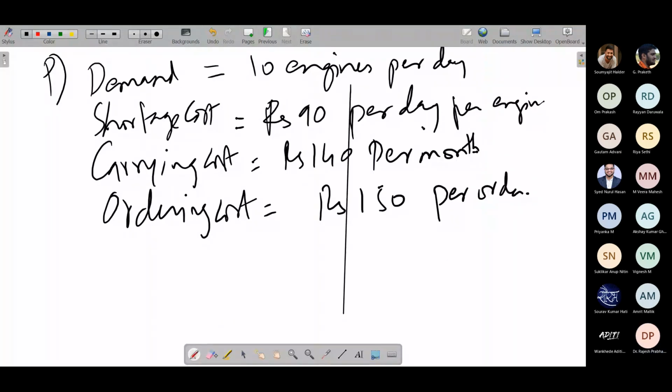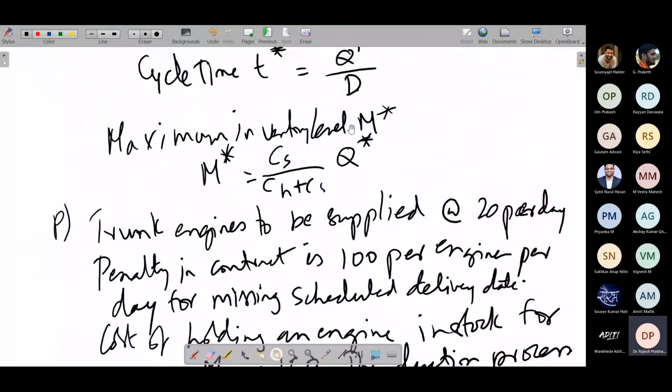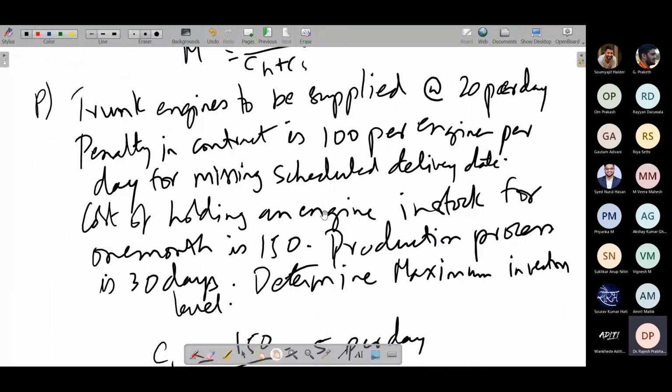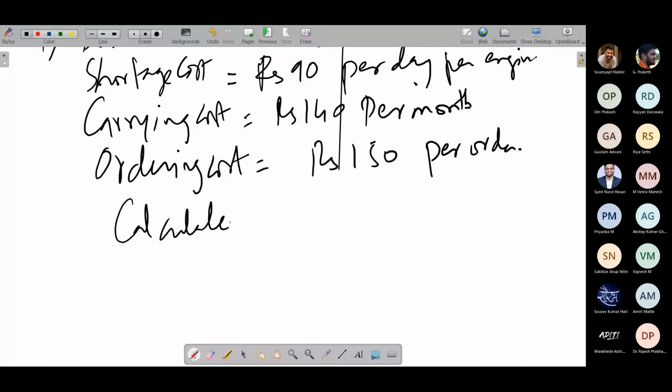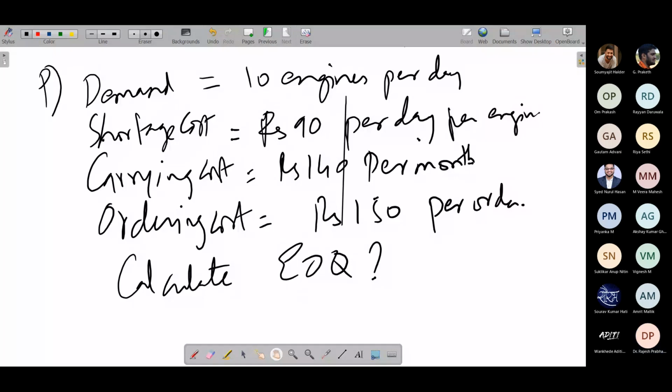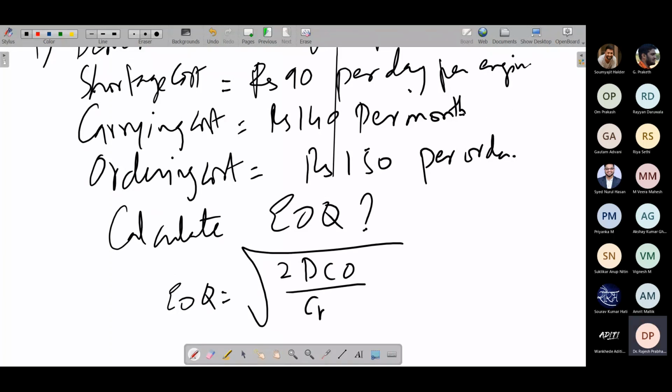Now let us calculate EOQ using the original formula. So what was the formula? EOQ is equal to root of 2 into T into CO by CH into CS by CS plus CH.